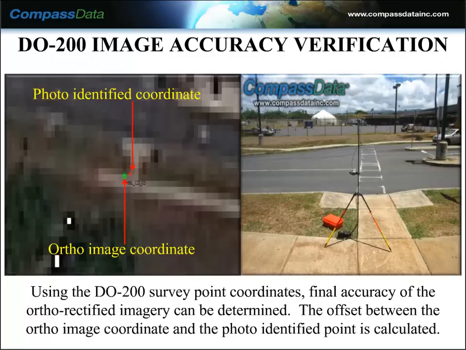And then within our software, you basically load the imagery, you load the checkpoints, and then you go into the software and you say, okay, here's actually the pixel where that point is, and it calculates the delta on that individual point. And then you have enough of these individual points, and it statistically calculates the overall accuracy of the ortho image.